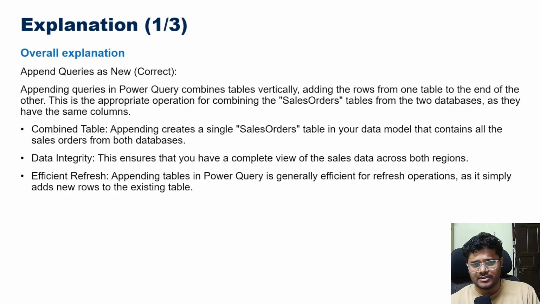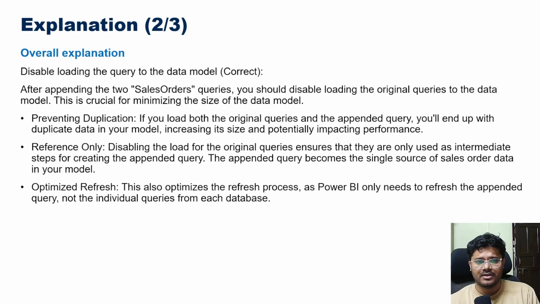This slide talks about the advantage of using the append queries option in Power Query, and how the efficient refresh feature is available. You can combine two tables having the same columns, right? You can pause this video here and go through this explanation. The second explanation talks about the advantages of disabling loading the query to the data model. Hence, option A is correct.